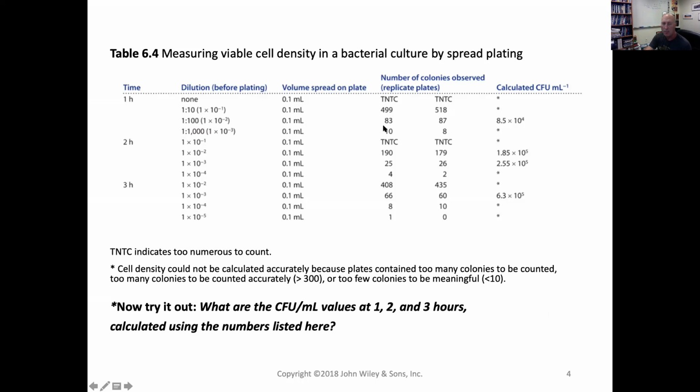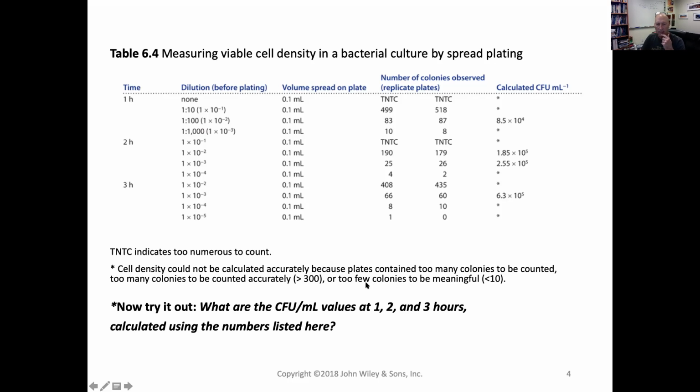And then on the bottom, on the denominator of the calculation, would be the volume, which is 0.1 mils, and the dilution, which is 1 times 10 to the minus 2, right? This way of expressing it doesn't do us any good mathematically. We have to express it like this, okay? And that's how we're going to get to our number, right? That's how you calculate CFU per mil.